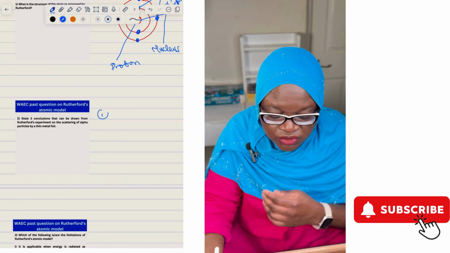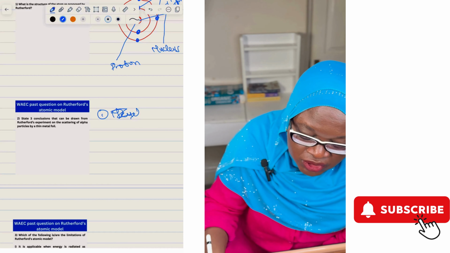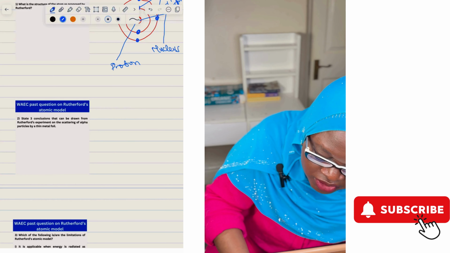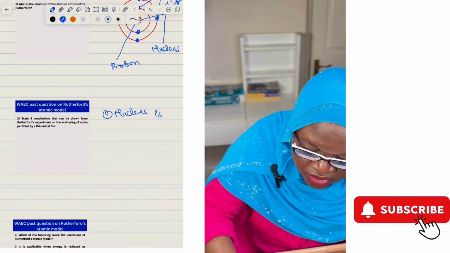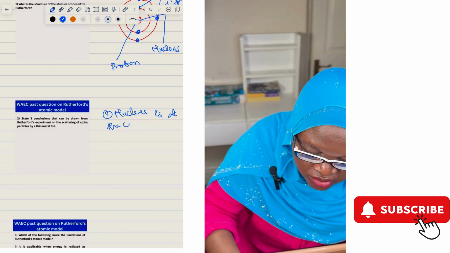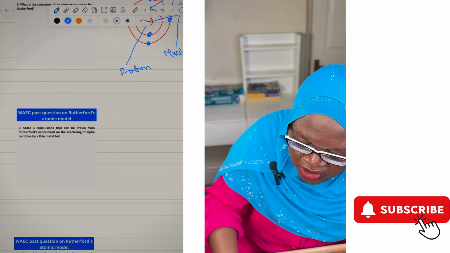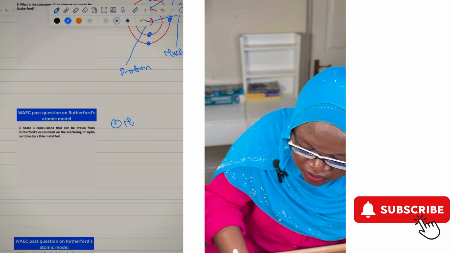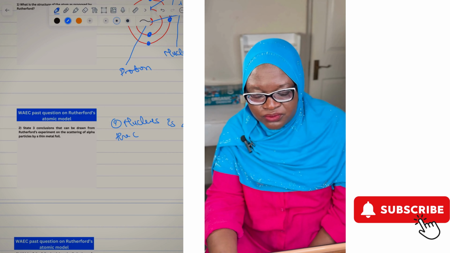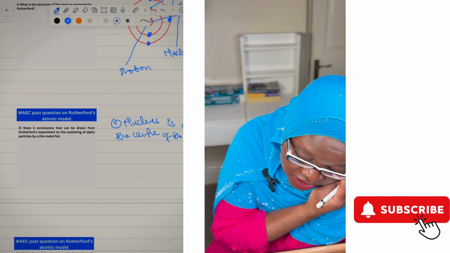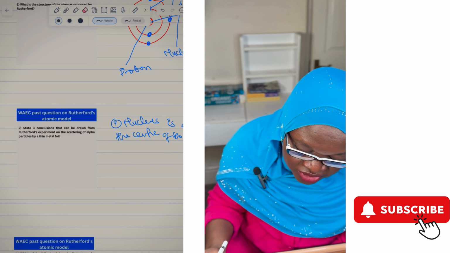Question 2. State 3 conclusions that can be drawn from Rutherford's experiment on scattering of alpha particles.